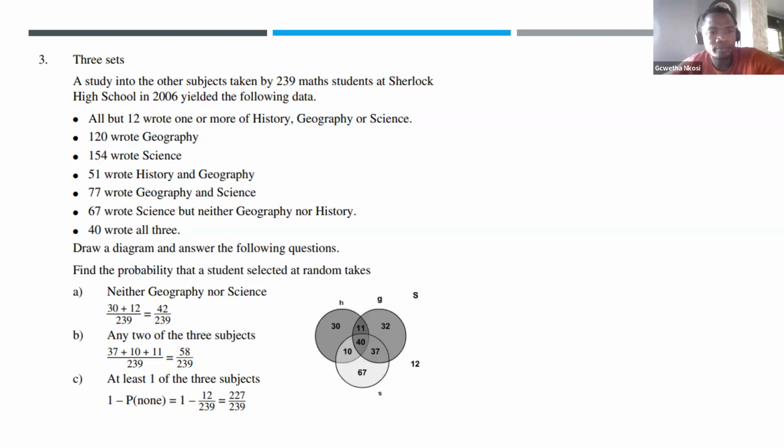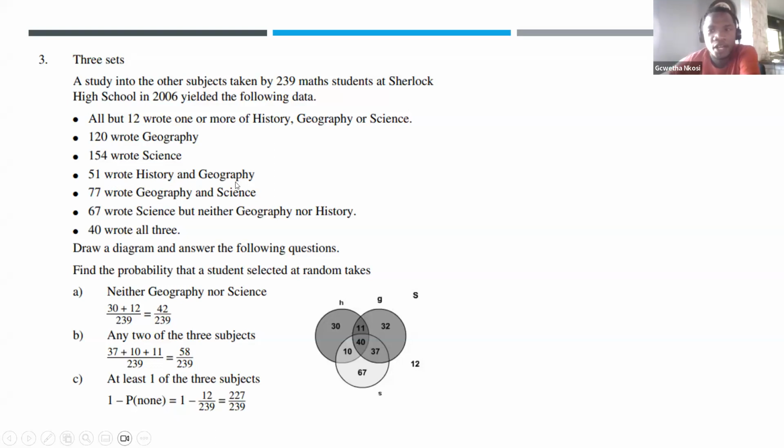Now, they are just telling us about these ones. So it's all but 12 wrote one or more of history, geography, or science. So now 120 wrote geography. Note that number down. 154 wrote science. Note that down. 51 wrote history and geography.